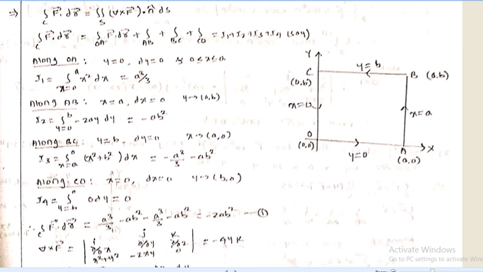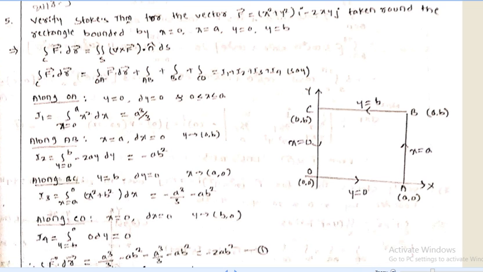Then along the curve BC. Here the equation is y = b and its differential is dy = 0, so x varies from a to 0. So the function is (x² + b²) dx, and the second term is 0 because dy = 0.